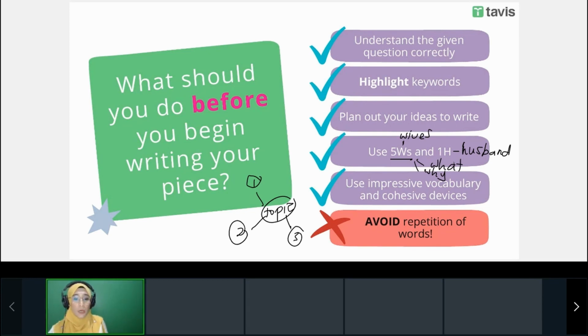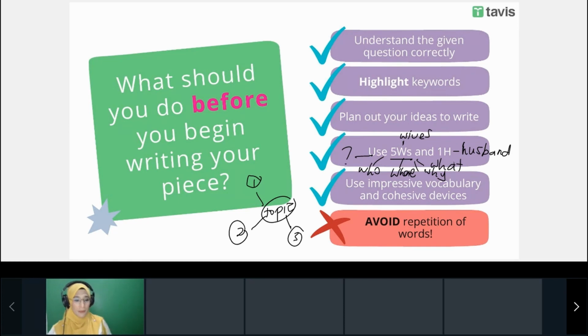But if you want to go a little more than just these two, you can use where, you can use who, you can also use what else? What, why, where, who, and what else?